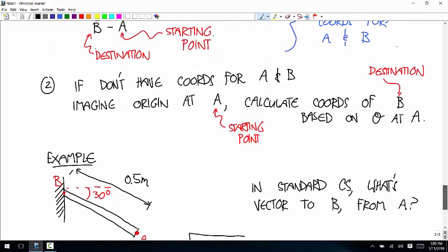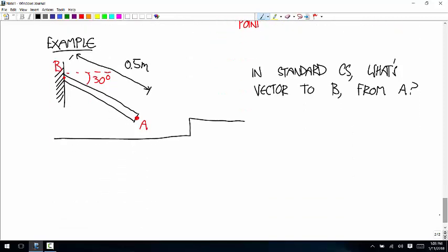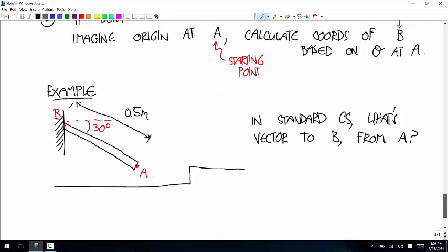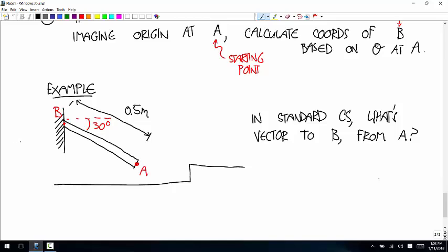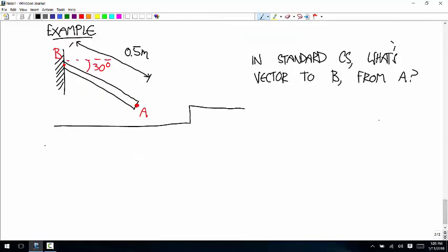Well, we have these two different approaches. In this case, I didn't even give you what the origin is. So you could choose an origin and then calculate coordinates based on that. But let's just start by saying we'll put the origin at A. So this is sort of that second method.